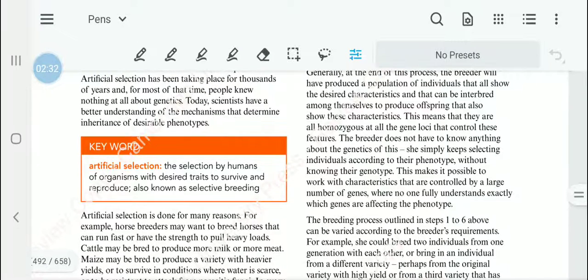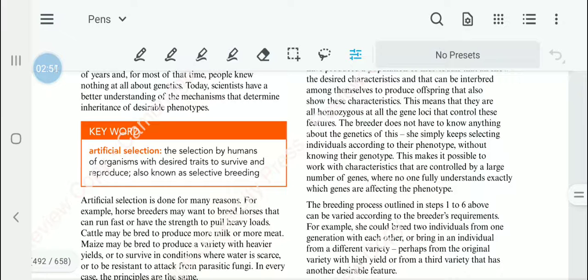Usually, if you want a breed of horses that can run fast or have higher strength to pull heavy loads, or cattle to produce more milk or more meat, then you do artificial selection.